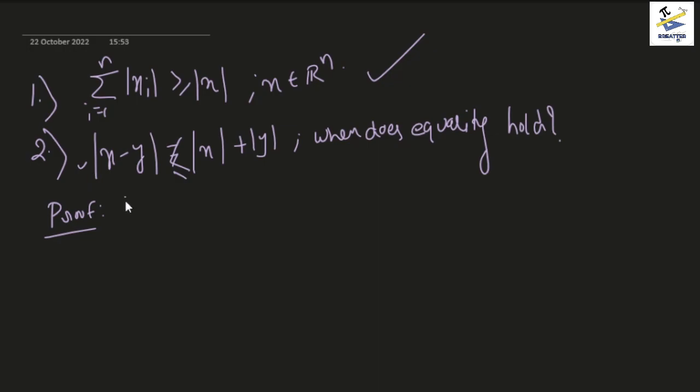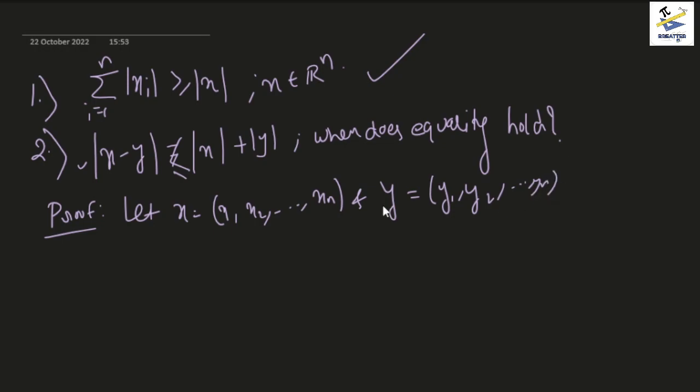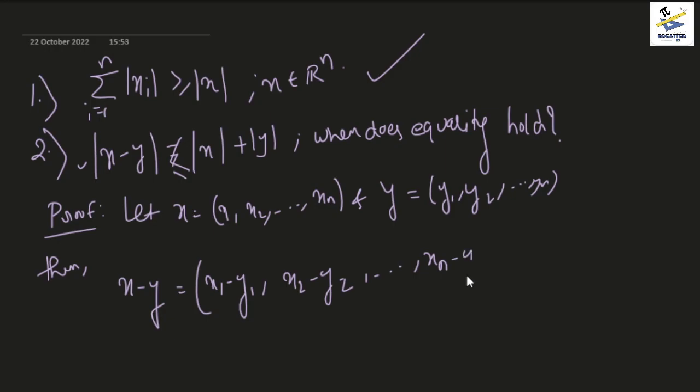Let us see. So let x equals x1, x2 all the way up to xn, and y equals y1, y2 all the way up to yn. Then x minus y is simply x1 minus y1, x2 minus y2 all the way up to xn minus yn.